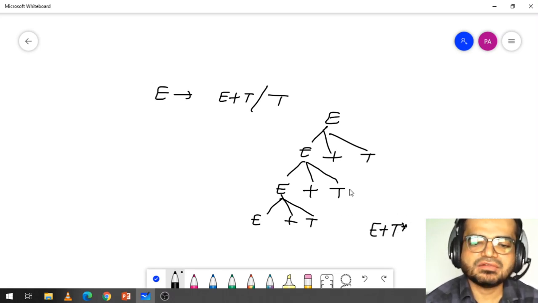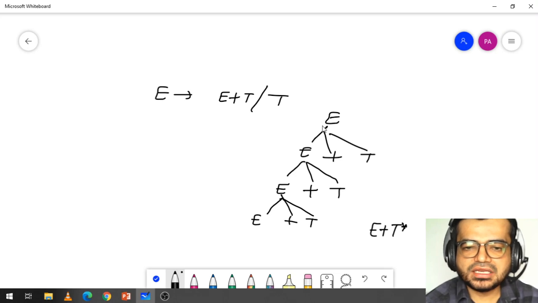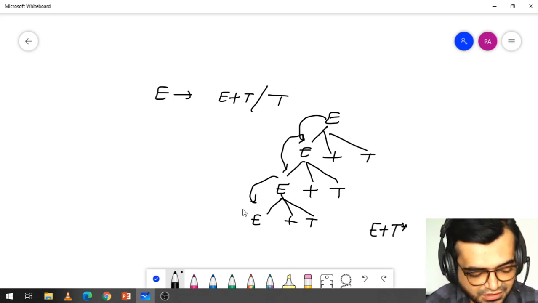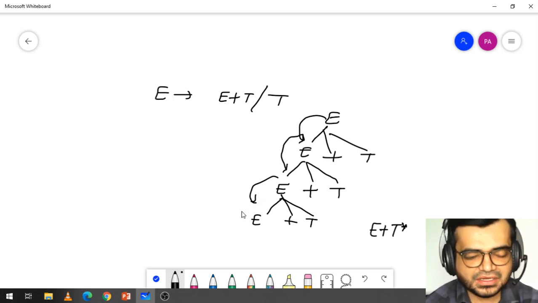In this way the parse tree is generated. That means it is recursively calling E again, right? So this is how the left recursion problem arises in the given grammar.